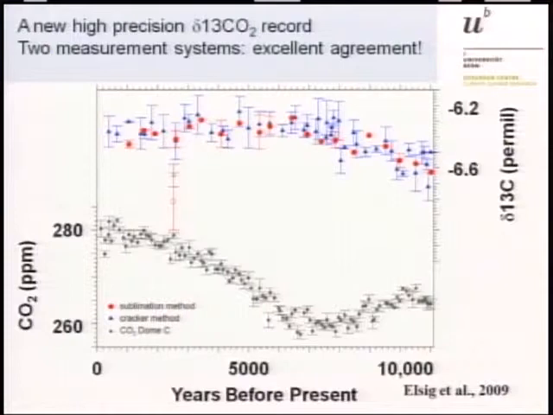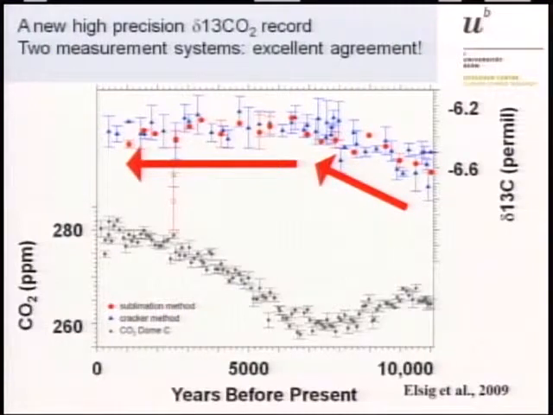That record is shown here in the upper part of the plot, and you can see an increase in delta C13 of about 0.2 per mil at the early part of the Holocene. Actually, here I plotted the timescale in the wrong direction. And then in the late Holocene, during the time when we see the CO₂ rise, the delta C13 signal remains really flat. And the confidence in this record is quite high.